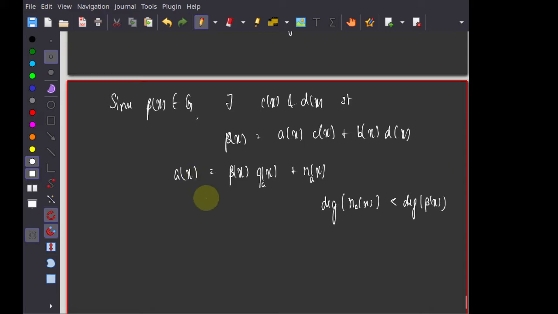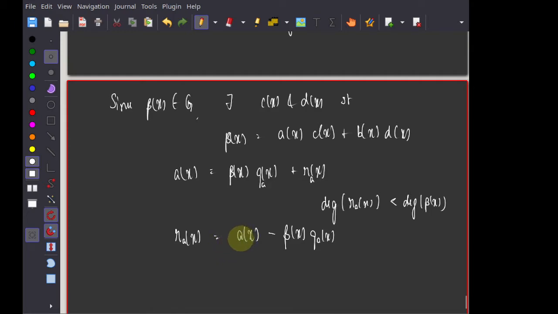Okay. Let me rearrange this. ra(x) is equal to a(x) minus beta(x) times qa(x).